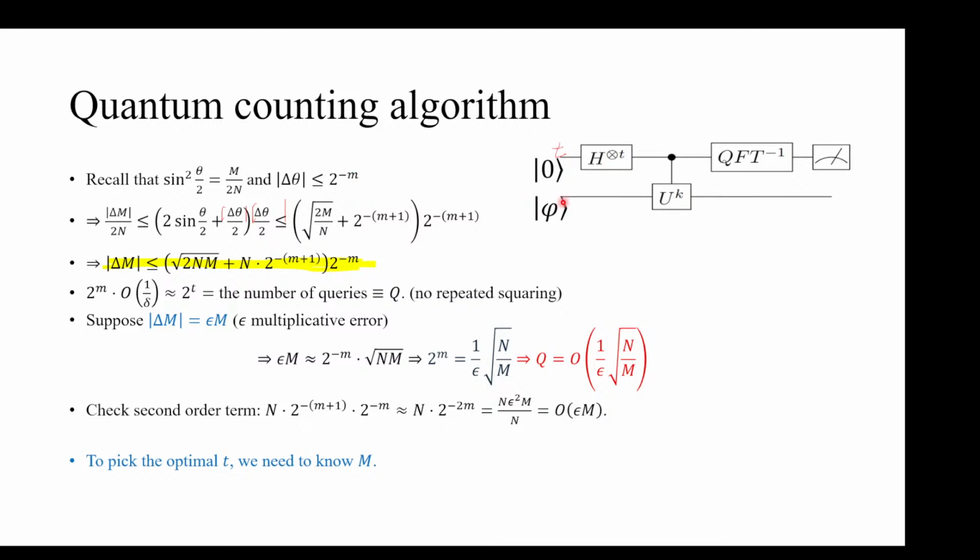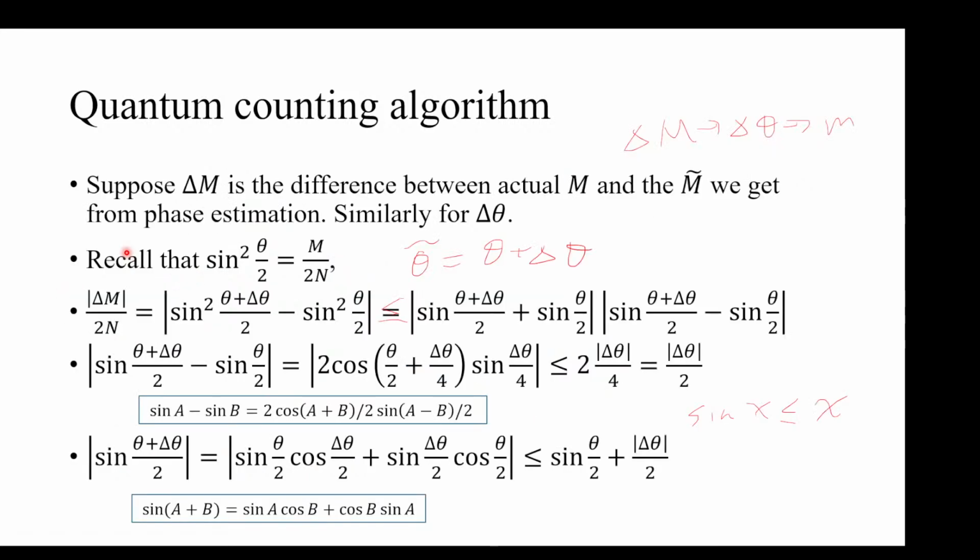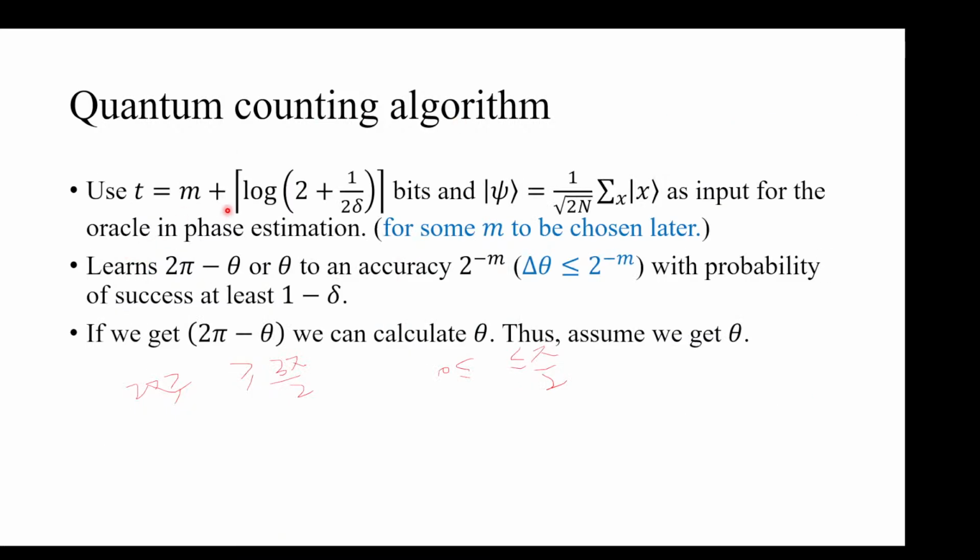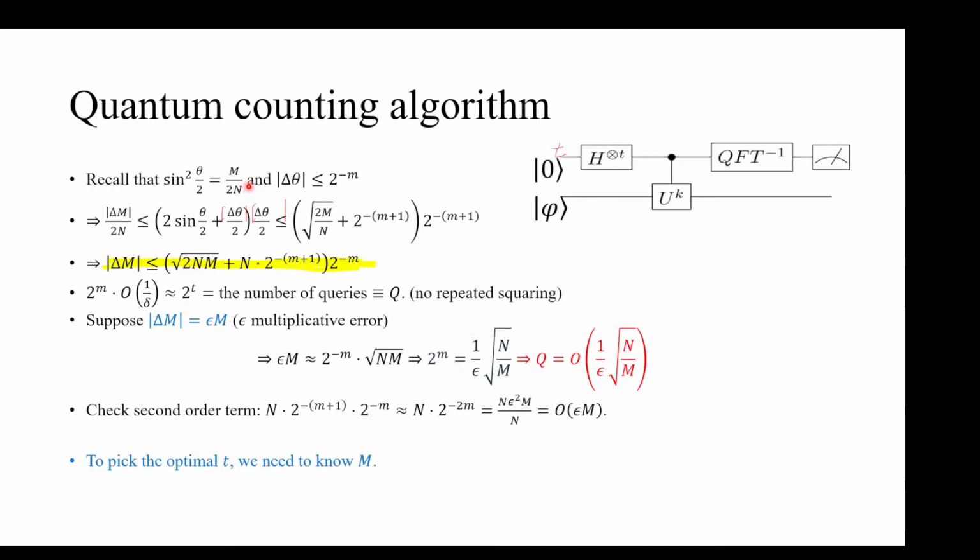So the number of queries here will be about 2 to the t. If you go back to what t is, it is order log n plus order log 1 over delta, so putting everything up in the exponent of 2, you see 2 to the t is about 2 to the n times order 1 over delta.